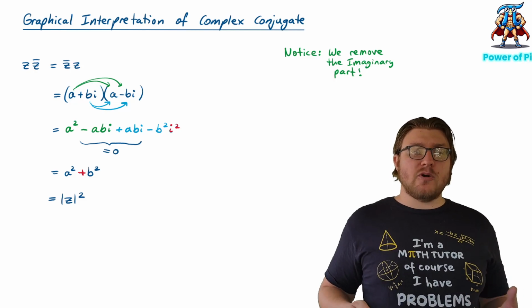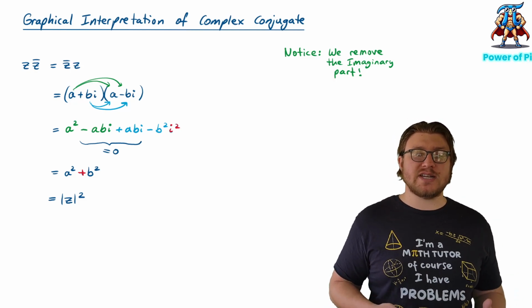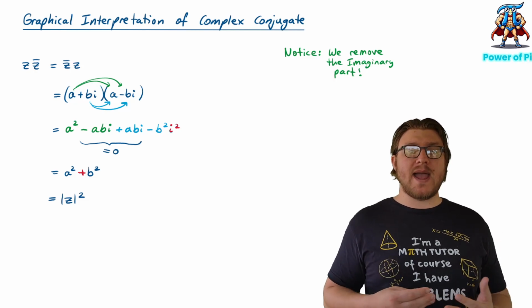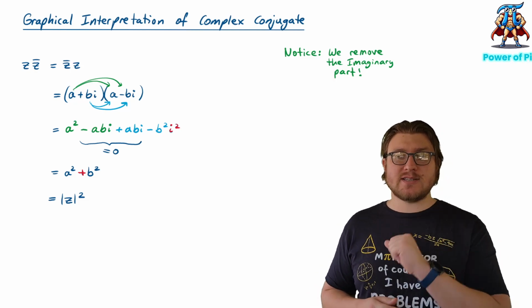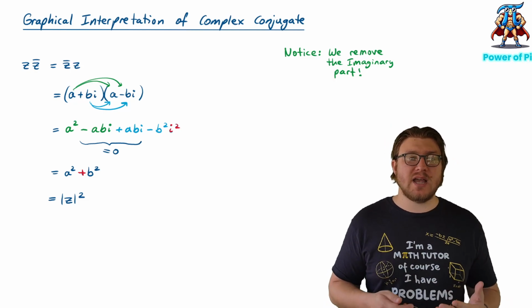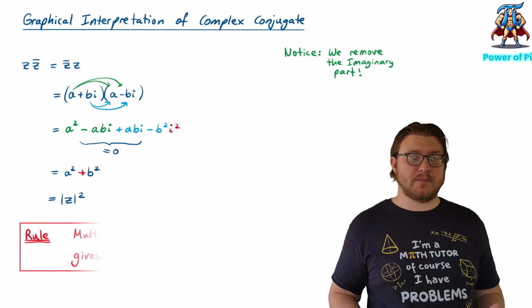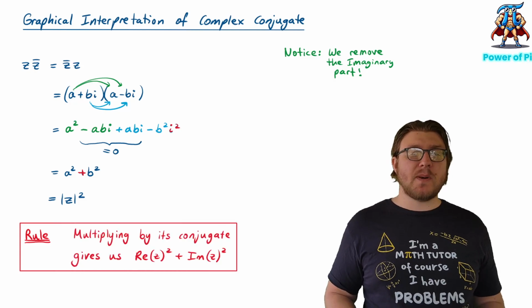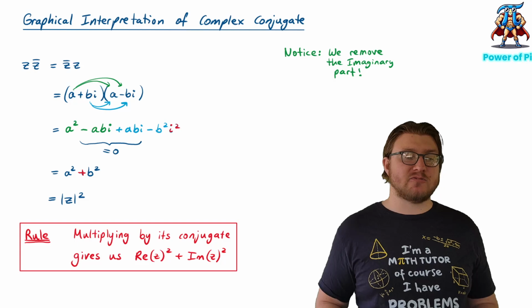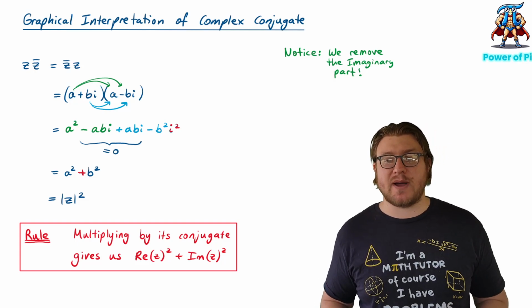So, in other words, multiplying by the complex conjugate actually removes the imaginary part here. And this is what we're going to be using when we're dividing by a complex number. So, multiplying by its conjugate gives us the real part squared plus the imaginary part squared.